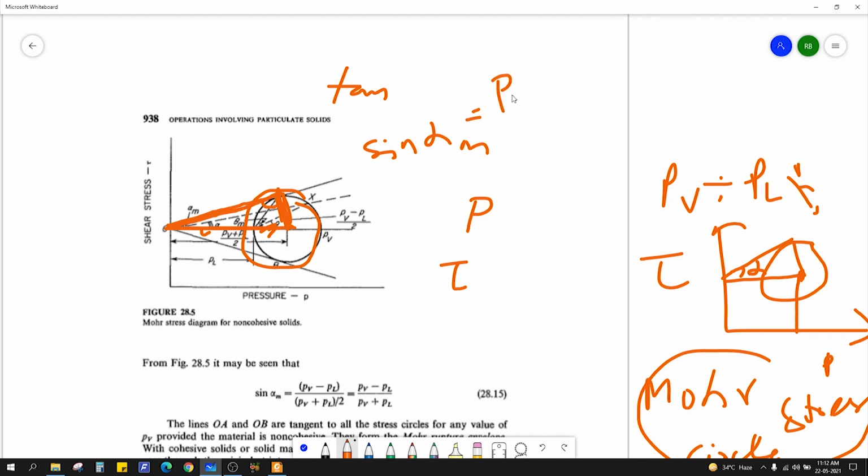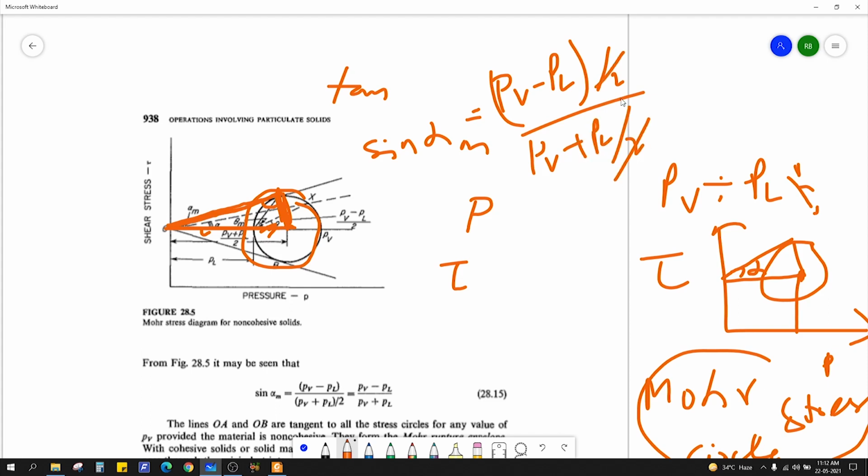You will get sine alpha equal to (PV minus PL) by 2, divided by (PV plus PL) by 2. So 2 cancels out, and sine alpha is equal to (PV minus PL) by (PV plus PL).